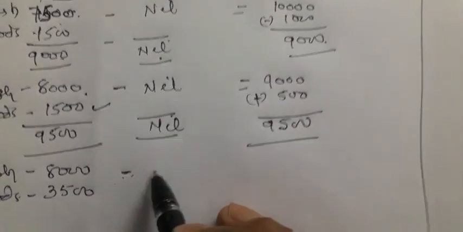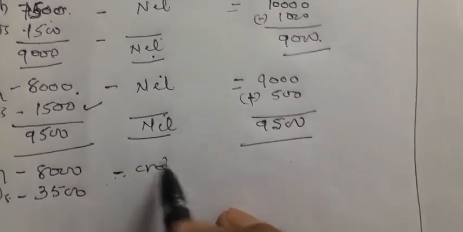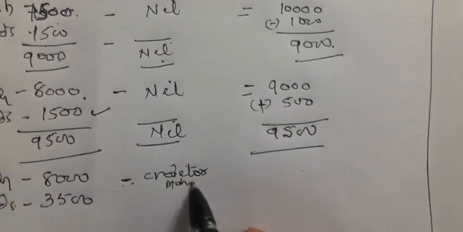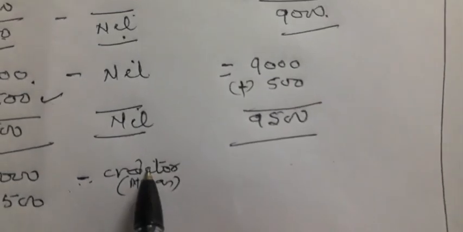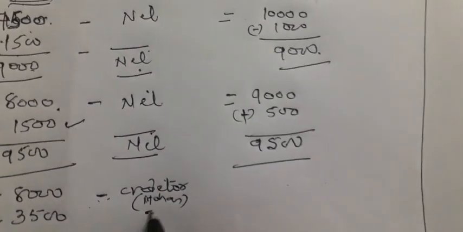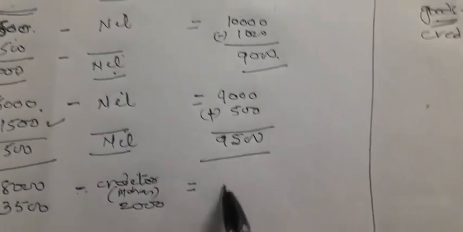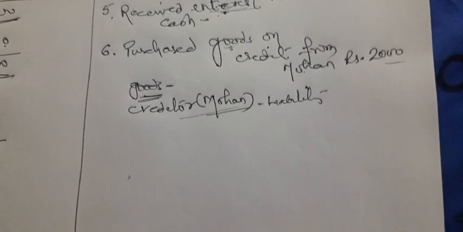There is a liability known as creditor. The name of the creditor is Mohan. You can mention here: there is a liability called creditor, rupees 2,000, and there is no change in the capital because there is no income or expense.